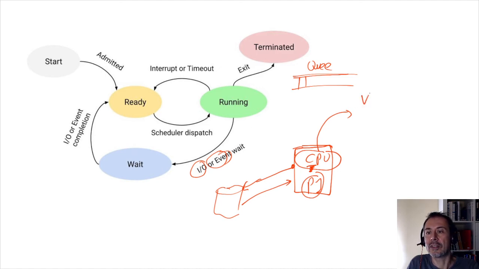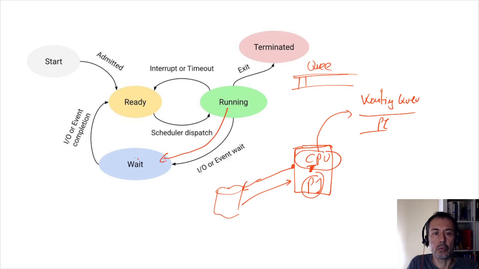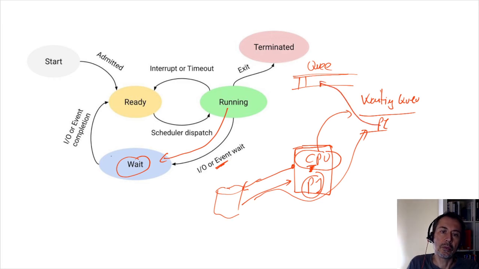So it goes to a waiting queue, and the process goes to this state to wait until the input-output operation or event is completed. Then, imagine you have the data here waiting for you, it will return to the ready queue, and wait again until the scheduler picks process one to run on the CPU again.